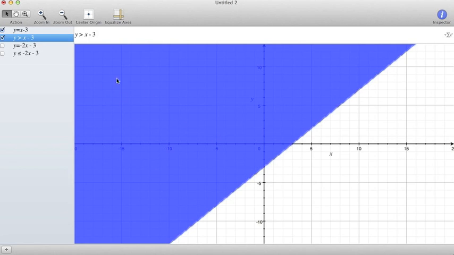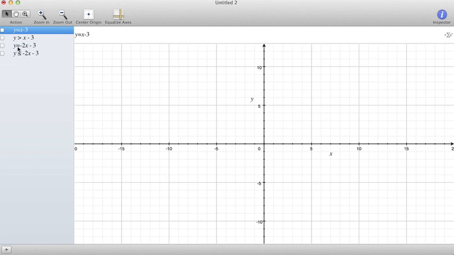Let's get into the next one here. Clear it out. The next one was the tricky one we went over. We flipped the sign. It's y equals negative 2x minus 3. So we know once again that the intercept is where x is 0, so y is negative 3. So 1, 2, 3.